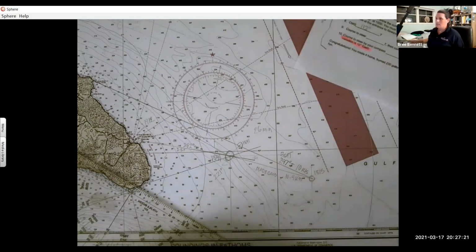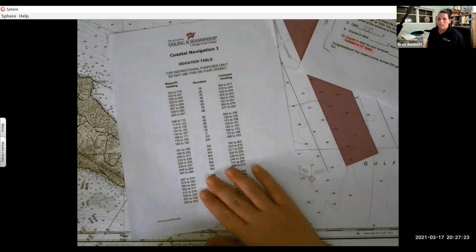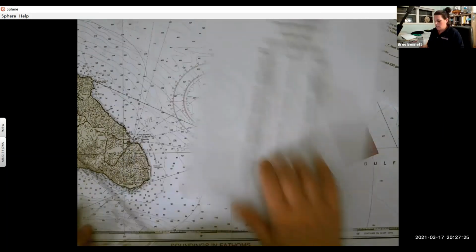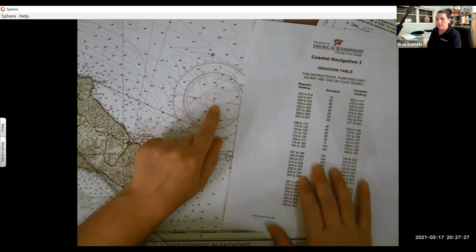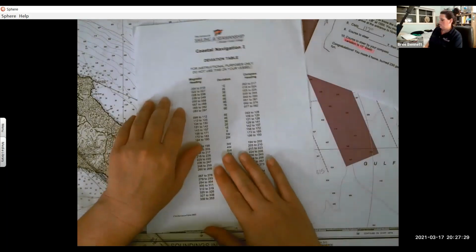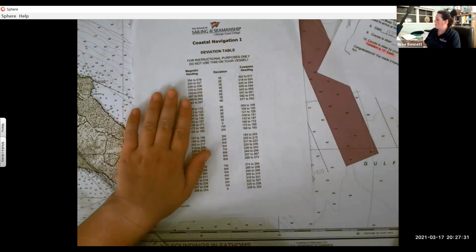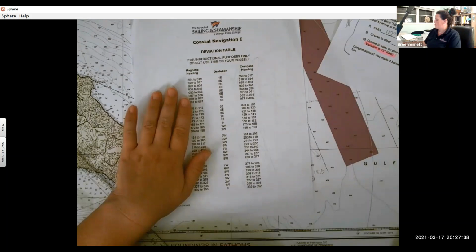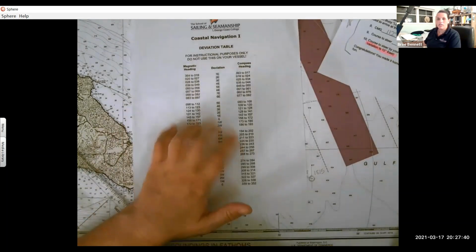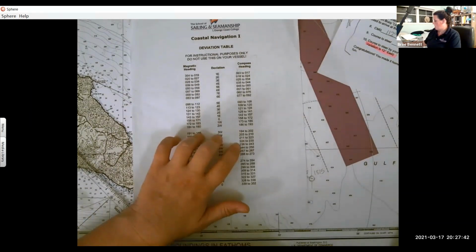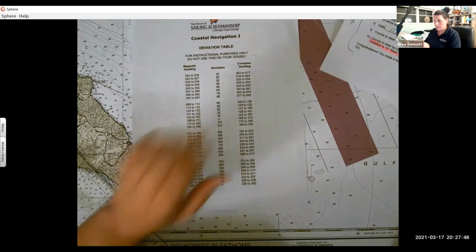We're going to use the deviation table, and our variation is found on the compass. So don't trust what they give us, because I found them to be wrong. And calculate it using the deviation table. Go ahead and get started on that.